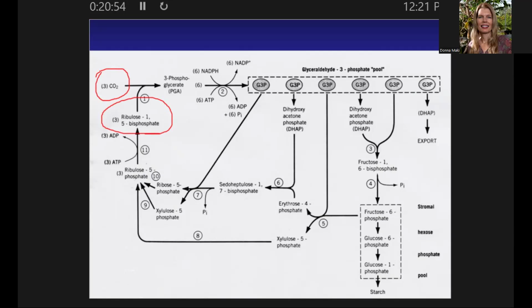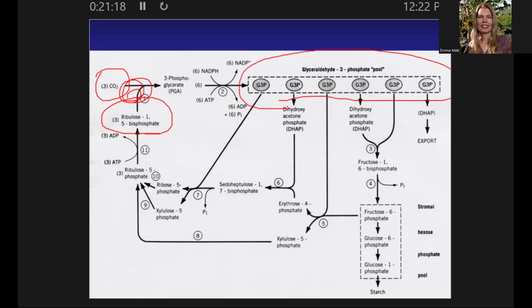Then the math works out nice and simple. So that's why there's a 3 there. So 3 CO2 and 3 RUBP react. That's where Rubisco is involved. And then you get the PGA, which then gets reduced by NADPH, gets phosphorylated. And then you end up with this G3P.